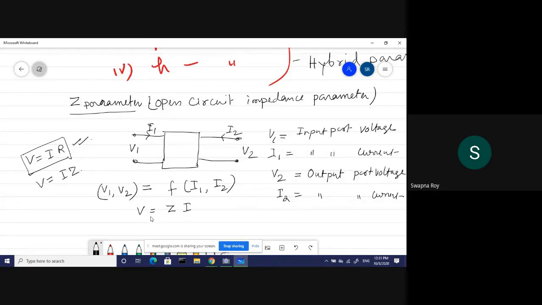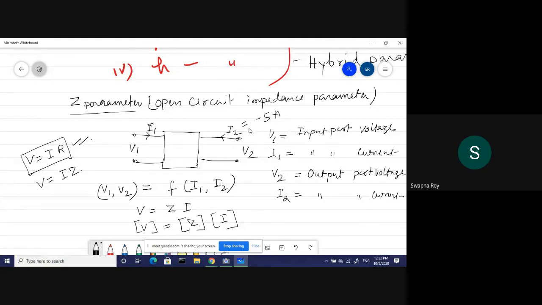So in matrix form, I can write V is equal to... Ma'am, why is I2 going inside? In a two-port network, we consider that I1 and I2 are entering the network.